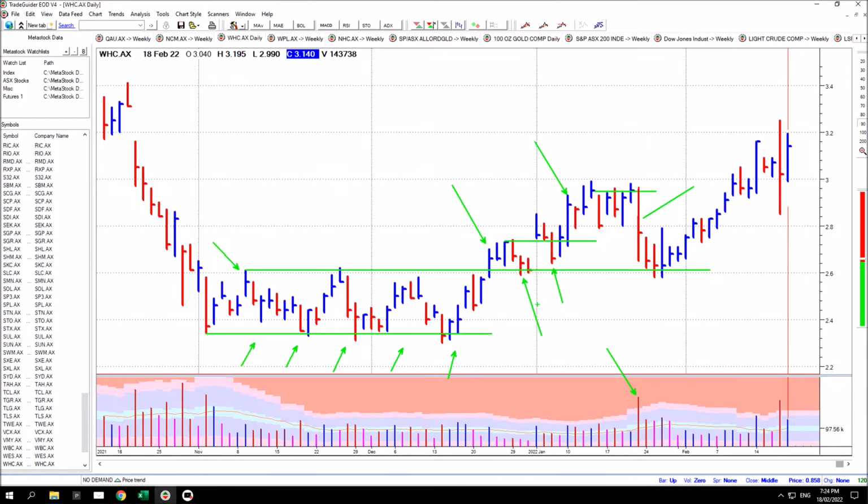It was all negative media. The parent index, in this case the XJO or the S&P ASX 200 index, sliced lower. All the media was bad. But you can see that price closed off its lows for the day on very high volume, really quite high volume. But the next day was down in response.